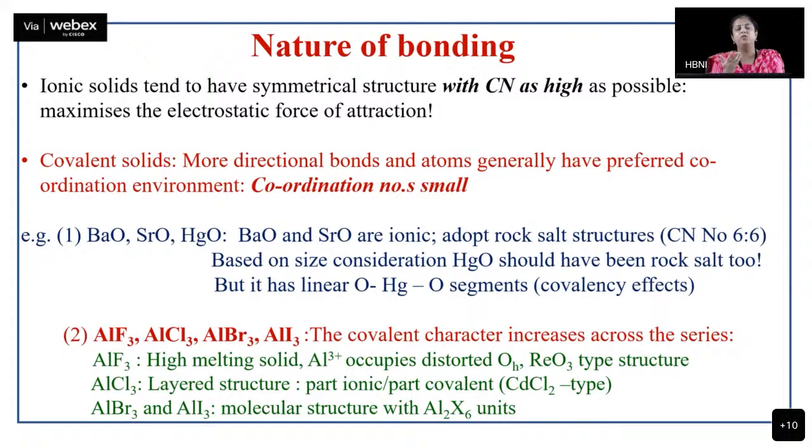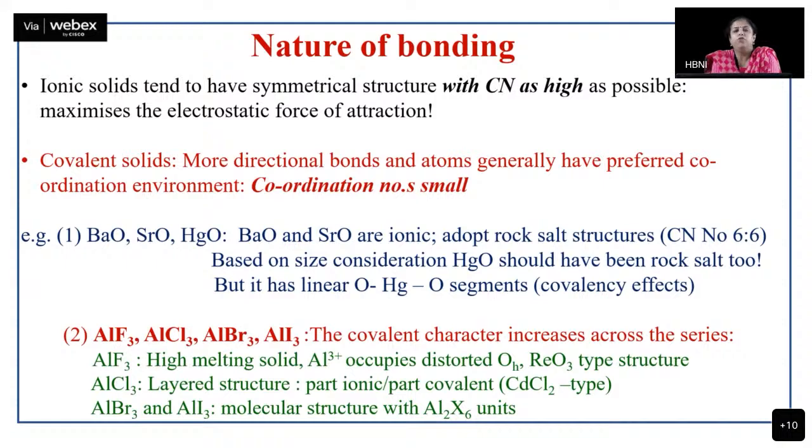The more the electrostatic force of attraction, the more stable the compound would be. So what we try to say is that an ionic solid will tend to have as high a coordination number as possible.